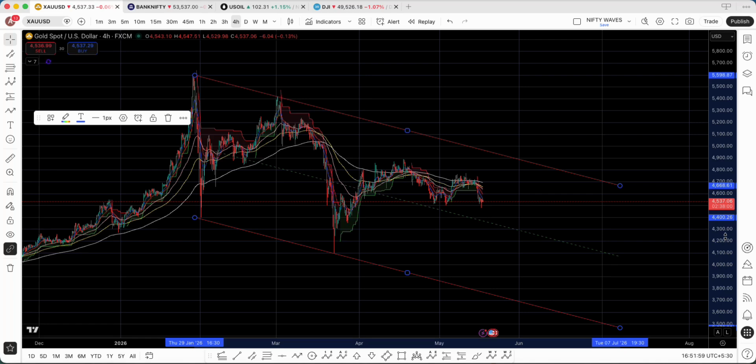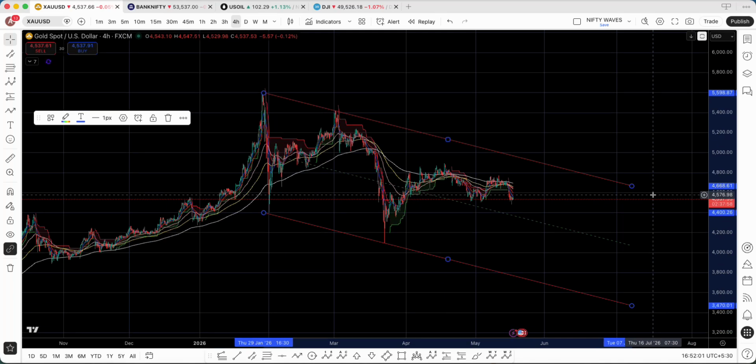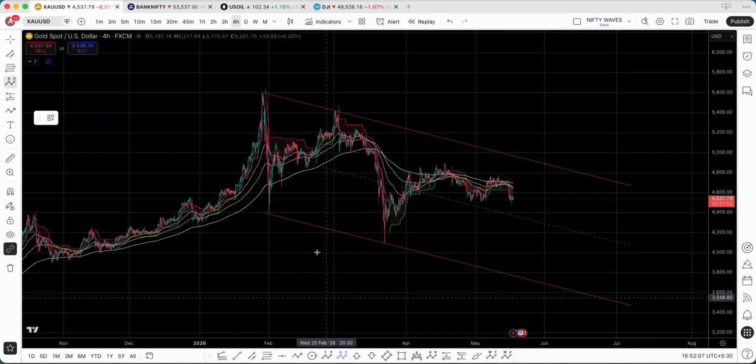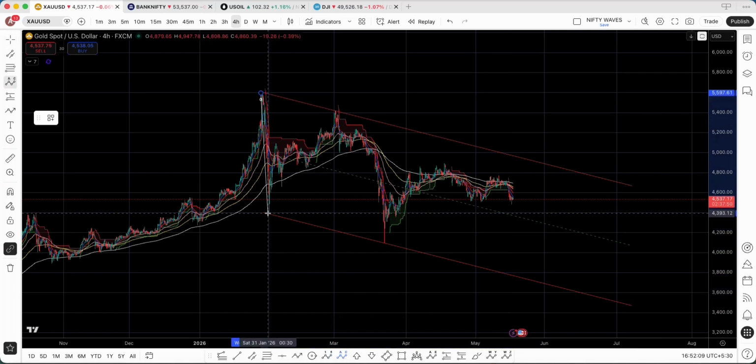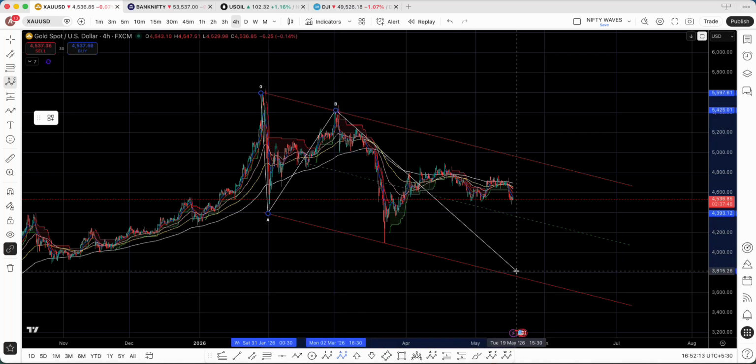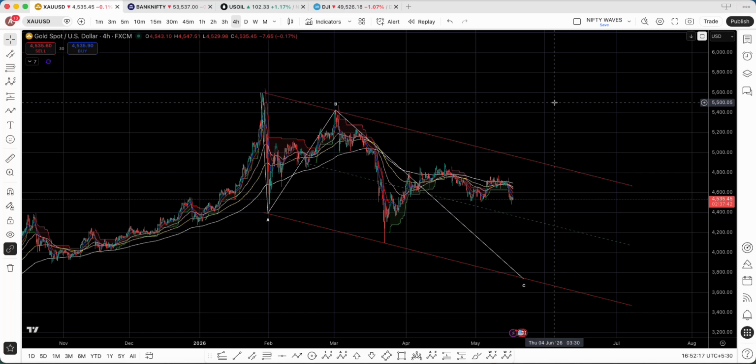So the first scenario is that we're building an ABC corrective, where your A wave is here, B wave is here, and your C wave is looking to end here and is still in the midst of finishing.